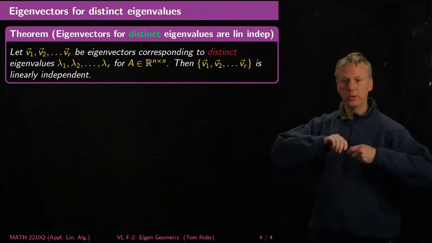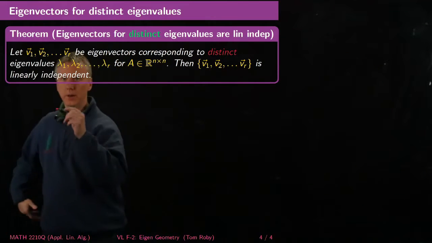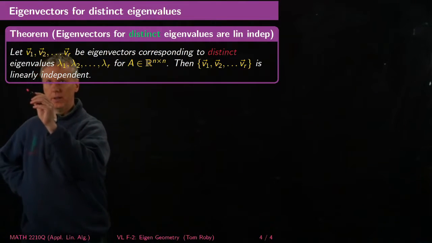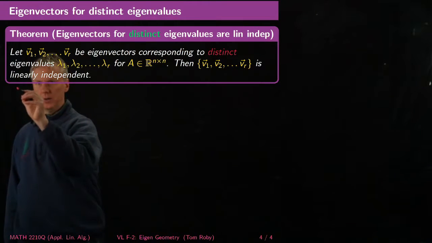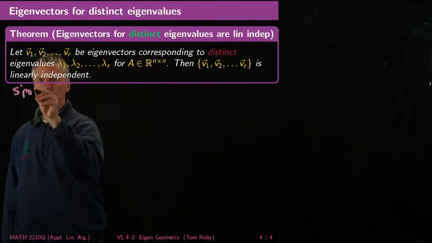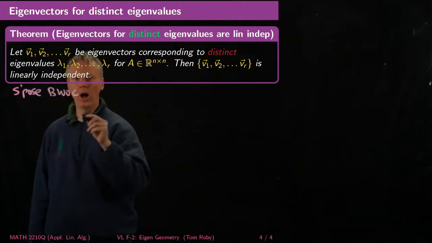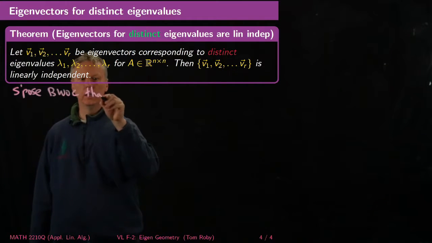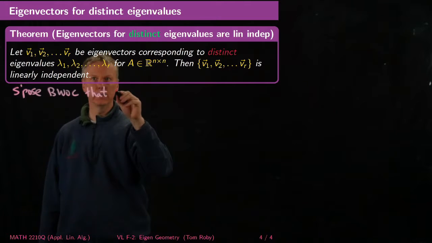And so let me show you how this proof works. Okay, so this is a good example of tying together a bunch of things we know. So suppose, by way of contradiction, that these were linearly dependent.